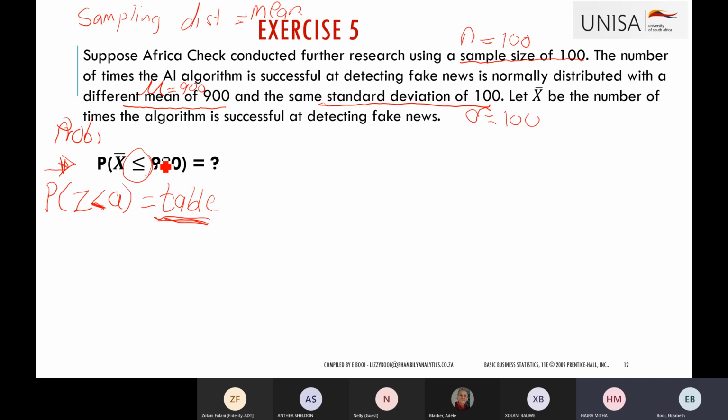Yes. Okay. So in order for us to answer this question, what do we need? We're going to need our Z formula. So basically, we're going to say Z equals, let me just get my formula. Where is it?